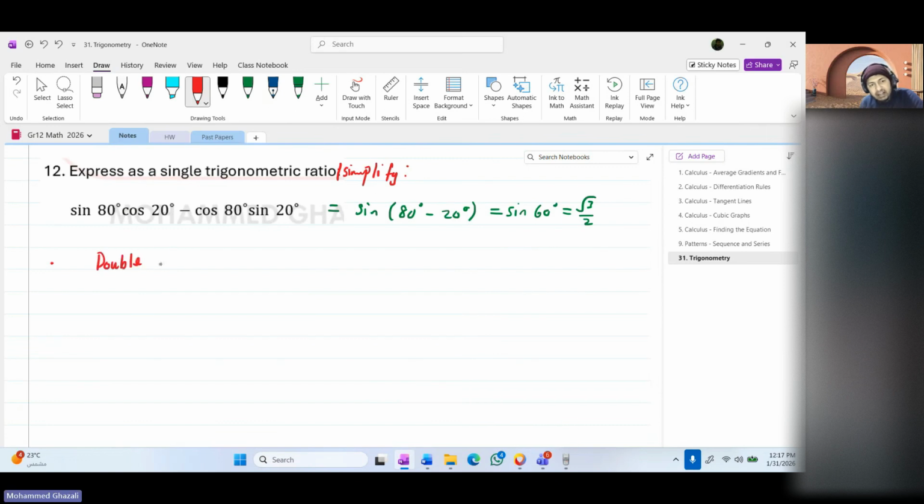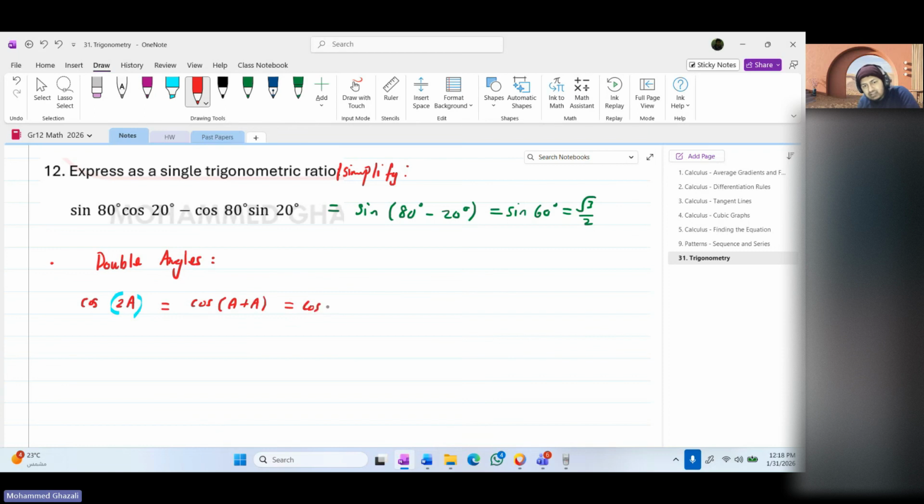So what are double angles? Double angles, very simple, is we want to know what is cos 2 times the angle. That's a double angle, 2 times angle. What is cos 2 times angle? Very easy. We can say that is cos A plus A. We can just use a compound angle. And what is cos A plus A?